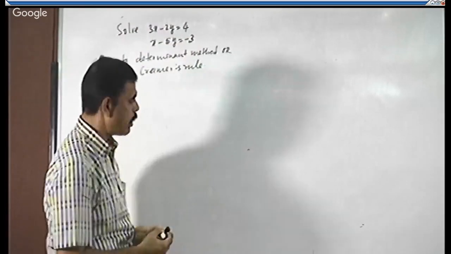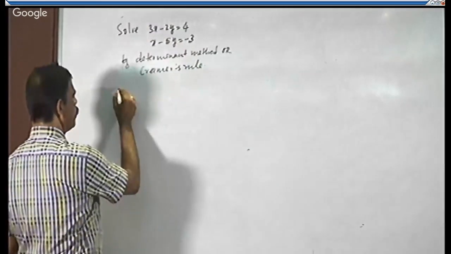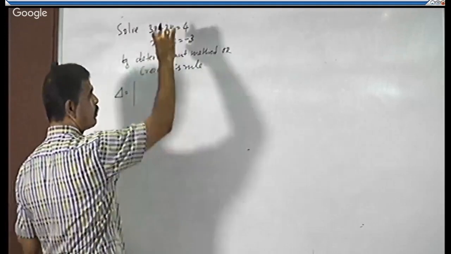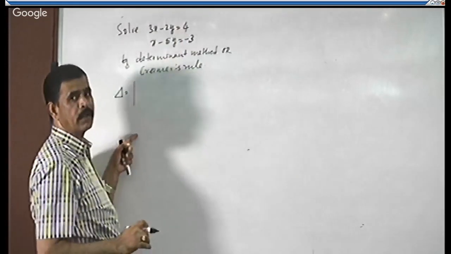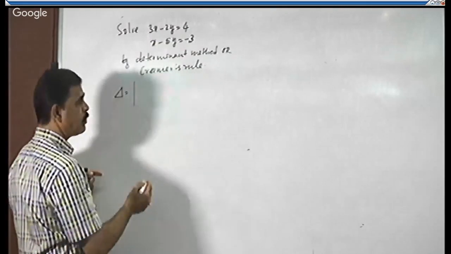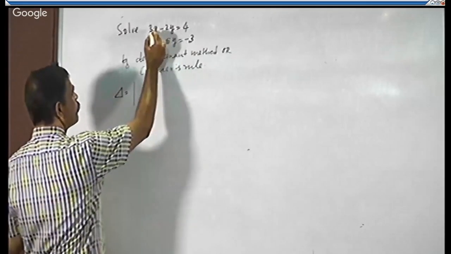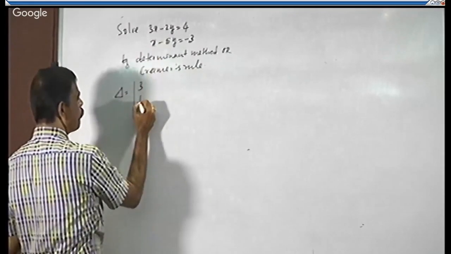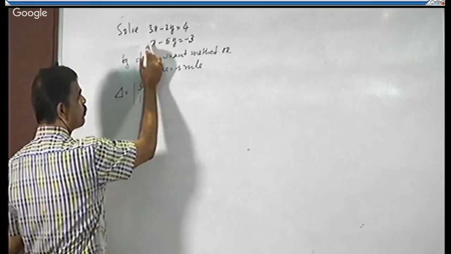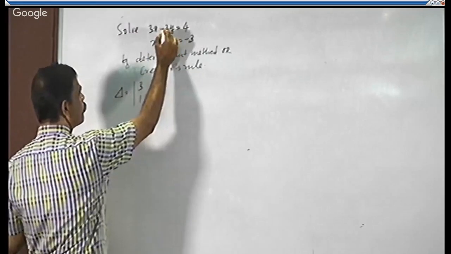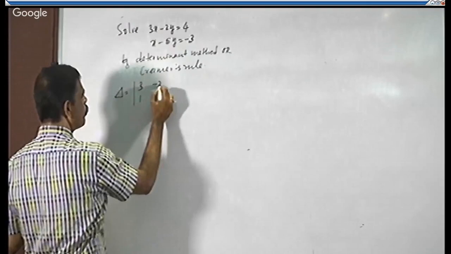Then we can write deltas directly. Write delta. How many equations are there? 2 equations. Therefore, the delta will be of order 2 only. The x coefficient is what? 3. In the second equation, the x coefficient is what? 1. If it is only x, its coefficient is always 1. Then the y coefficient is minus 2.